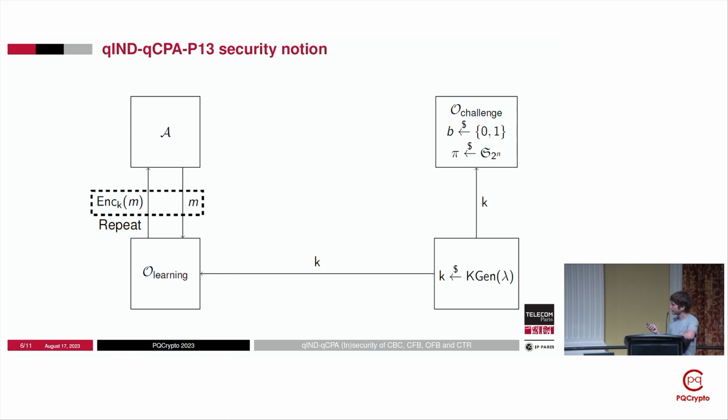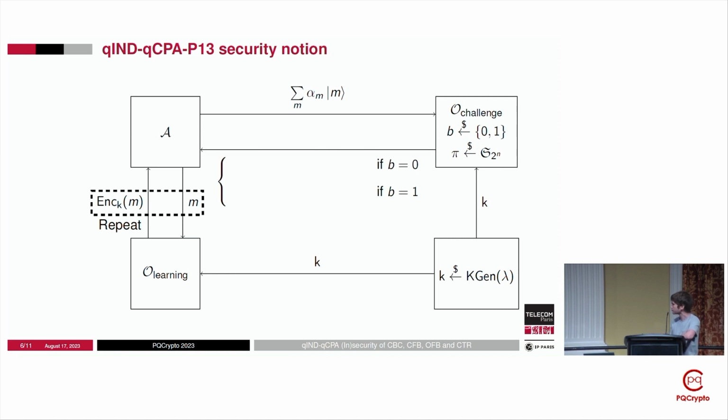Now, A can make a single challenge query to the quantum challenge oracle. They will send a superposition of messages to the challenge oracle, and depending on the bit B they have to guess, the challenge oracle will answer with two different quantum states. In the first case, if B is equal to 0, it will simply answer the way we would expect a standard oracle to work, with just the encryption of M. But if B is equal to 1, it will apply a random permutation on the message.